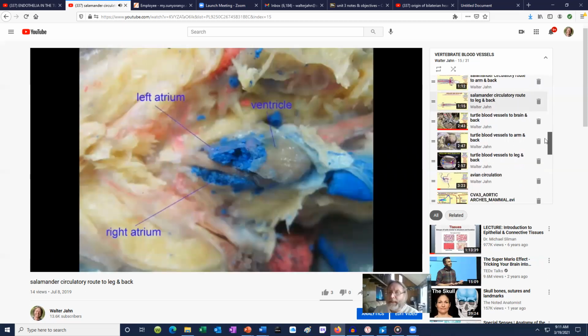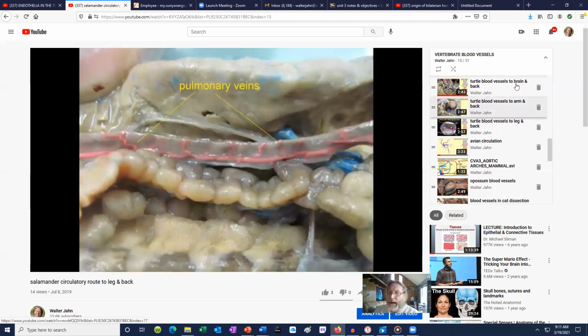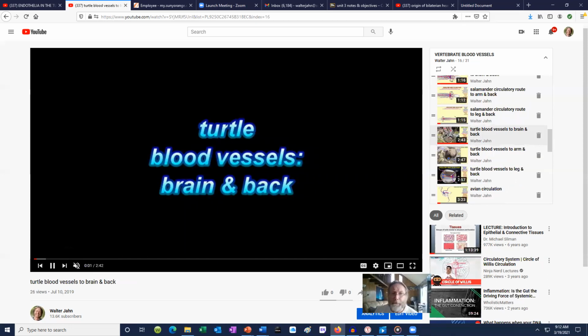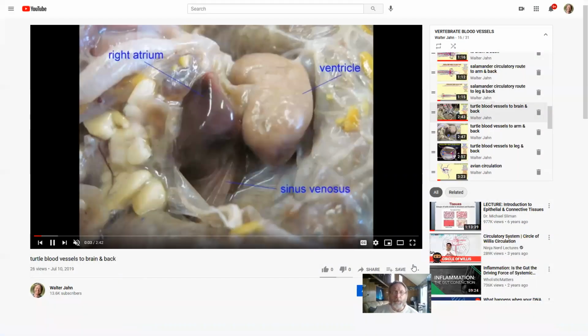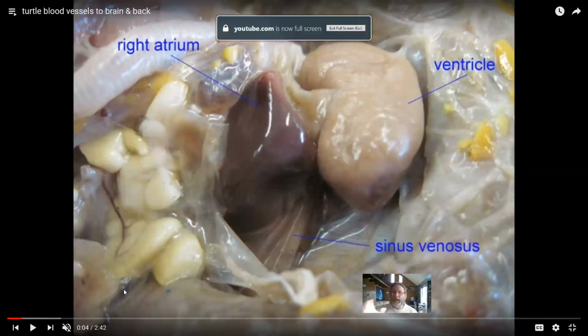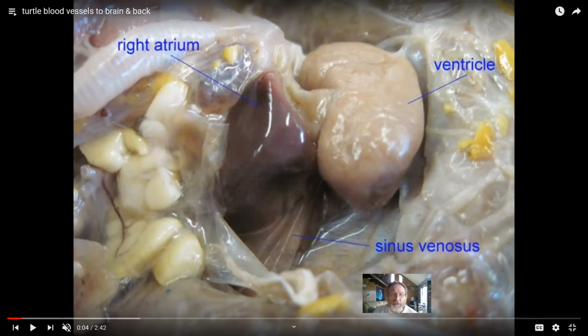So let's now talk about reptiles, and we'll use a turtle as an example. Now, obviously, we don't have the very first reptiles alive today to dissect, and so we pick a reptile. There would be differences between alligators versus lizards versus turtles, but let's just pick the turtle.